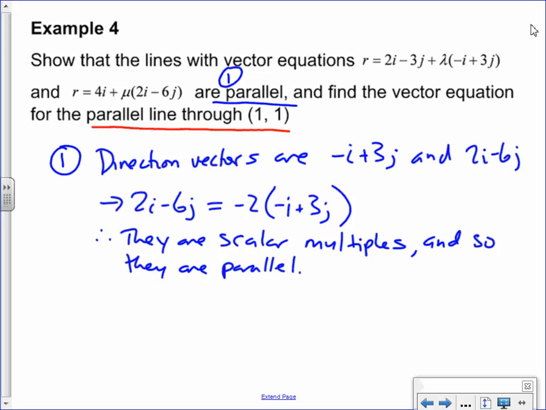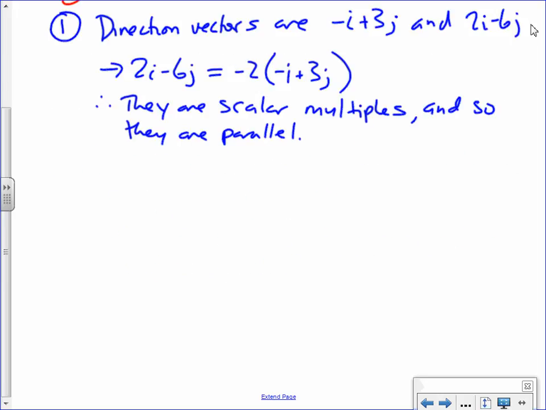Line through 1, 1. So this is the second part. We have 1, 1. 1, 1 is the position vector. So we know the position vector is i plus j because it goes to the point 1, 1.